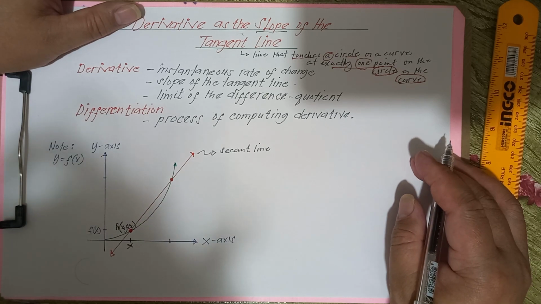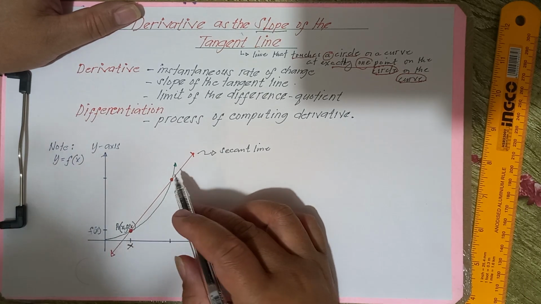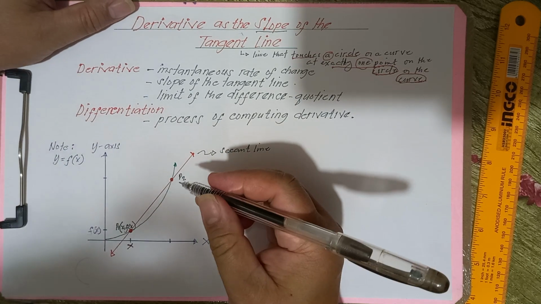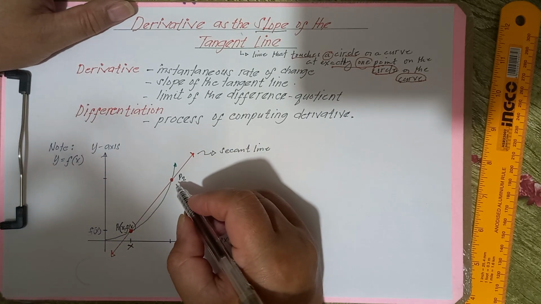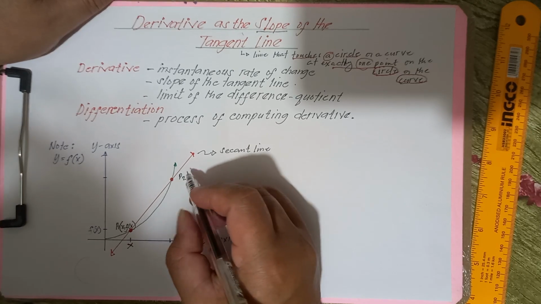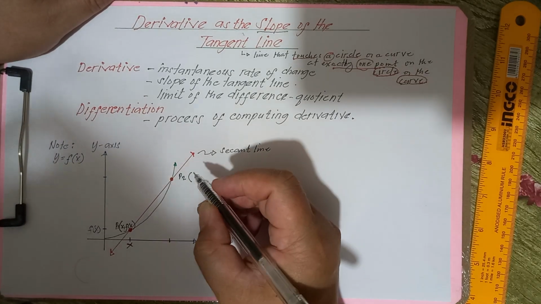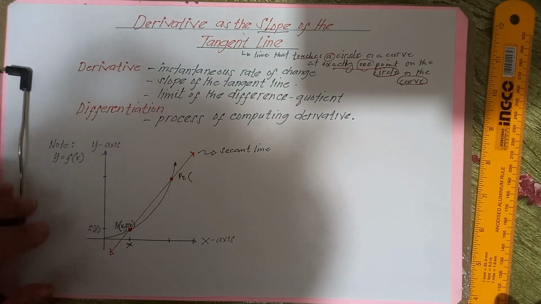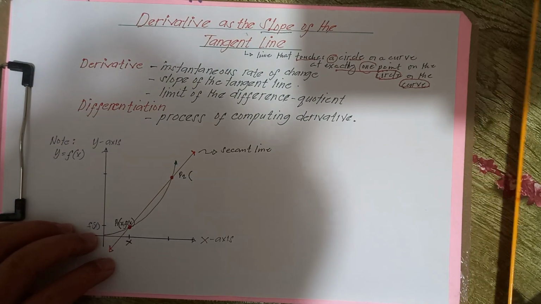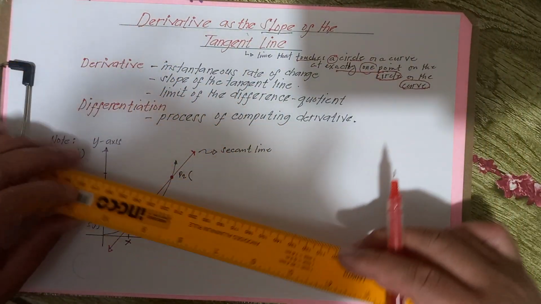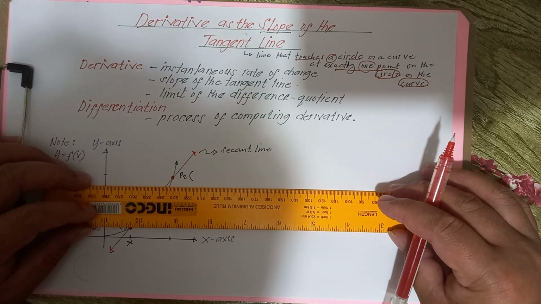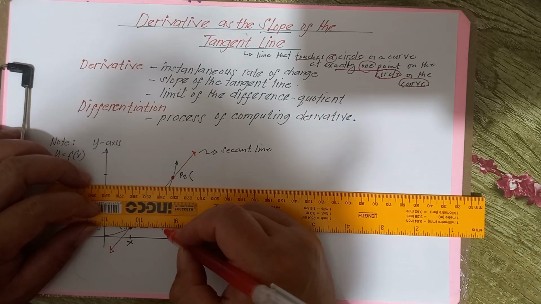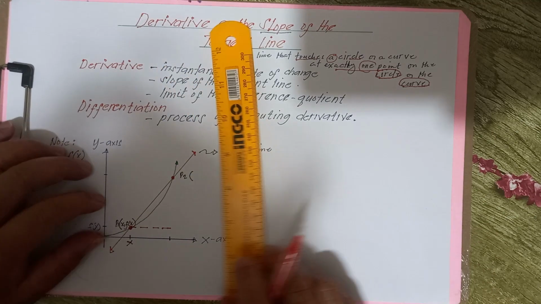Now the question is, what about this one? If that is point 1, then this must be point 2. The question in here is, what are the coordinates of this point 2? Now to name the coordinates of the point 2, we have to remember in the graph, allow me to have this illustration.